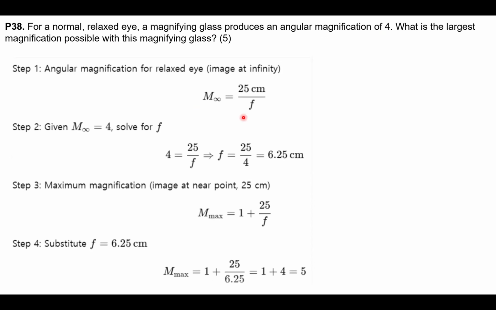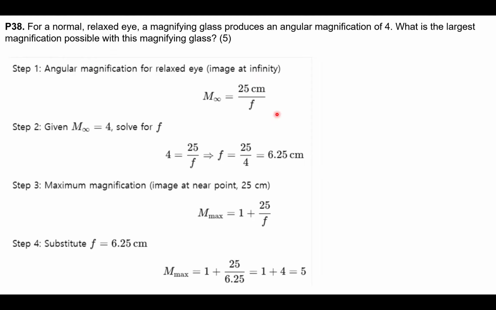For normal relaxed eyes, a magnifying glass produces an angular magnification of 4. What is the largest magnification possible with this magnifying glass? So let's try to find out. Angular magnification for relaxed eyes, with the image at infinity, is given by this one.